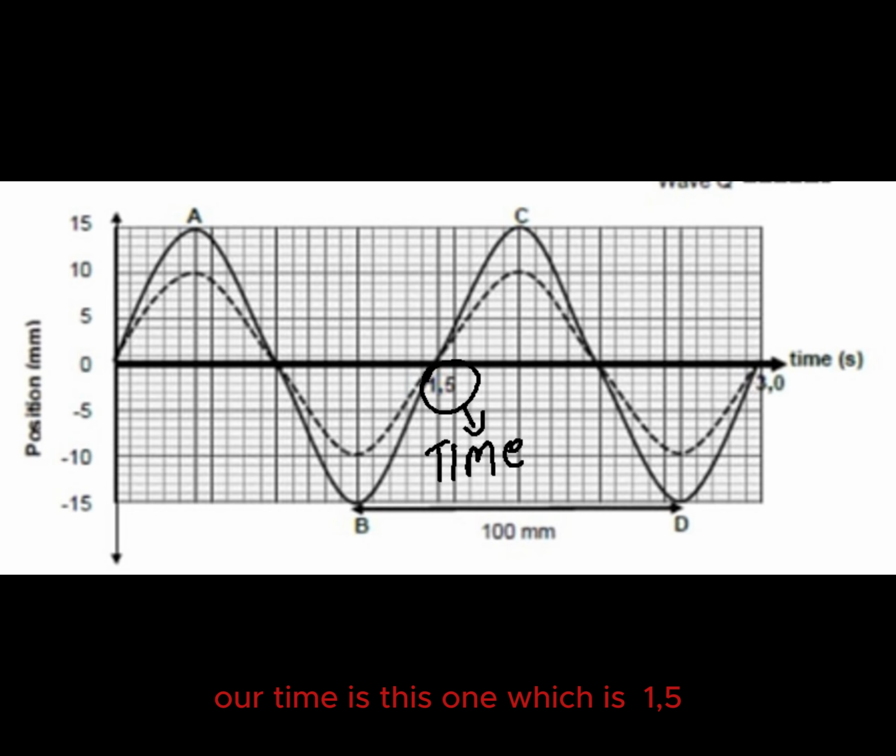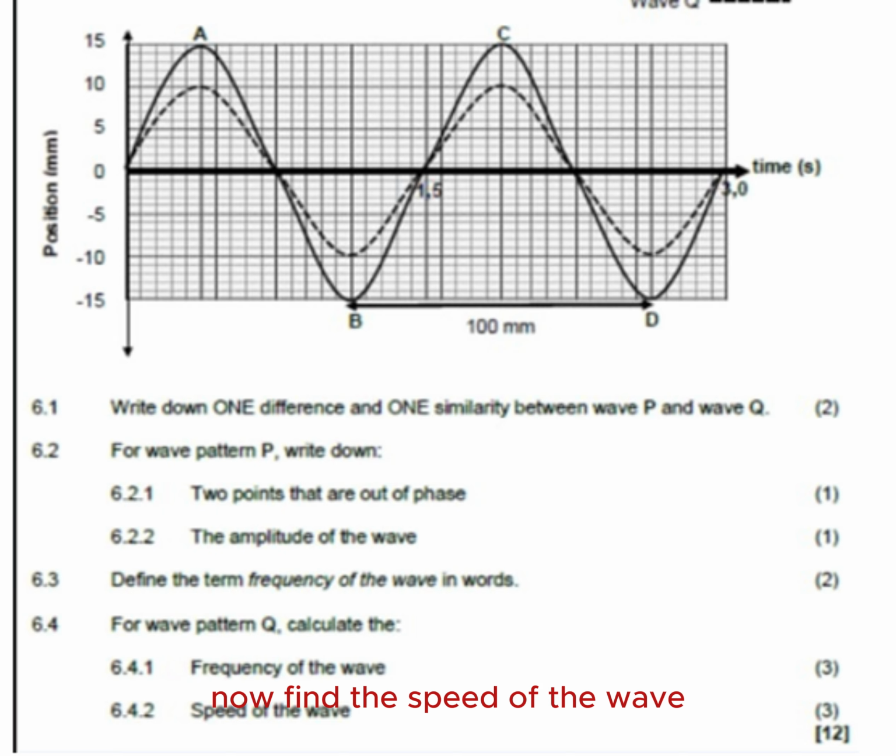Our time is this one, which is 1,5. That's where we've got one complete cycle. So our frequency is 1 divided by 1,5, which is going to give us 0.67 hertz. Okay, that's for that question.